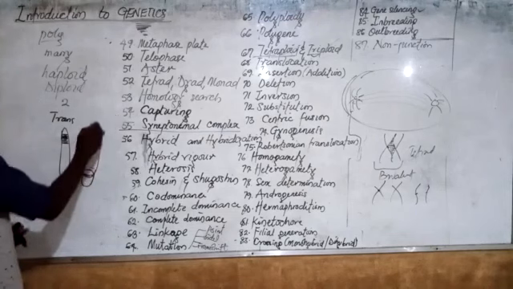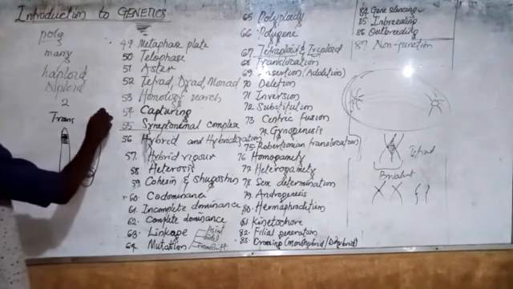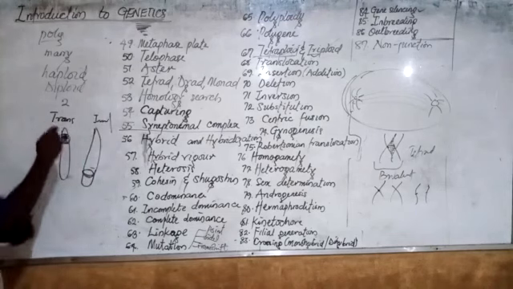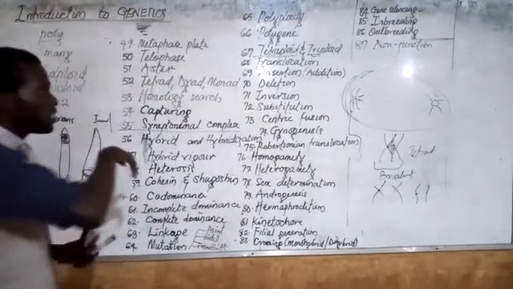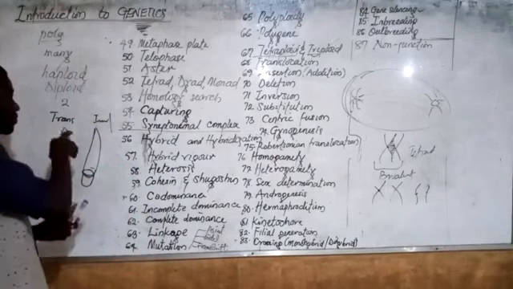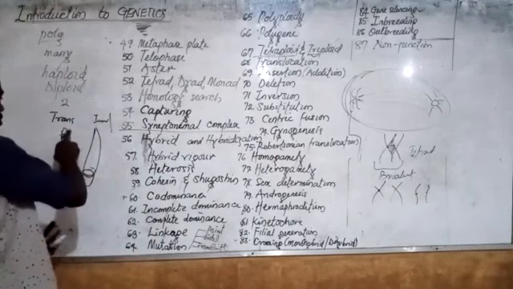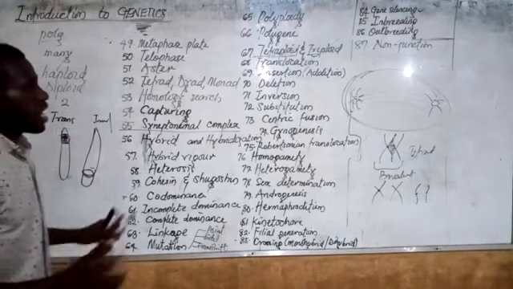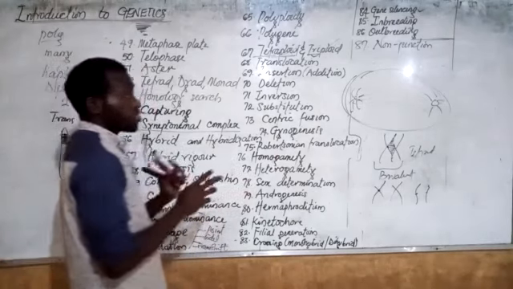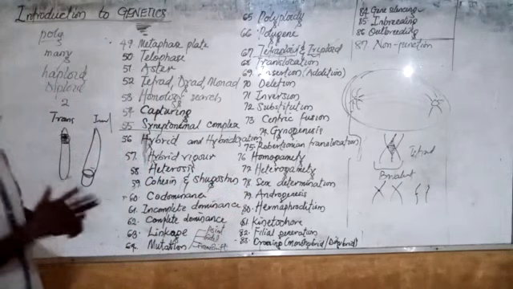This one has undergone insertion, while this one has undergone translocation. All right? Then deletion is the permanent removal of a gene, a portion of the chromosome, from the chromatin. So when the portion of the chromosome just leaves and doesn't return to that chromosome, that is called deletion.